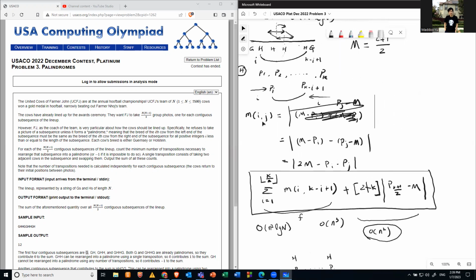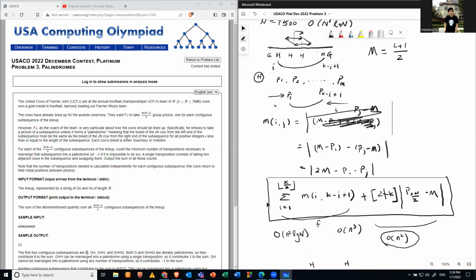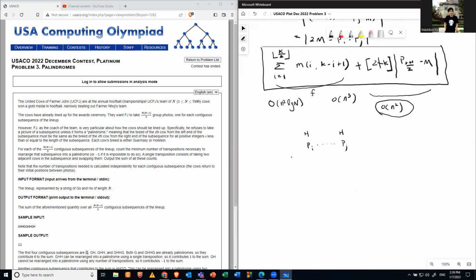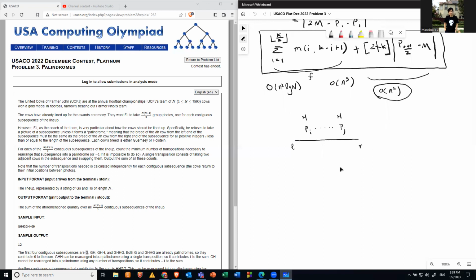What is this sequence that includes P of I and P of J? There is a sequence, right? Let's say this sequence on the left-hand side is left, on the right-hand side is right. If we just calculate all the sequences that cover P of I and P of J, but do not reach P of I minus 1 and do not reach P of J plus 1.